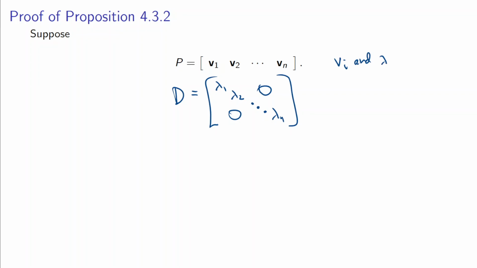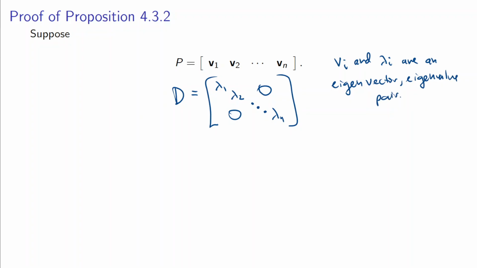So we're going to start with P equals V1, V2 through Vn, and D as lambda 1, lambda 2 through lambda n, where V sub i and lambda sub i are an eigenvector-eigenvalue pair.